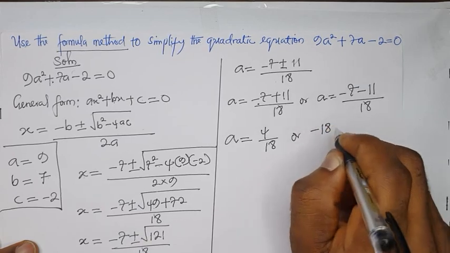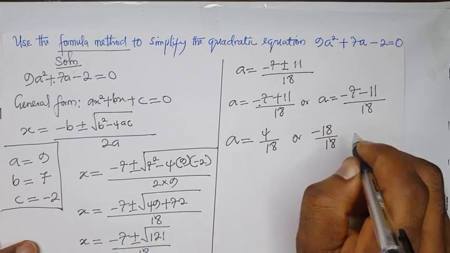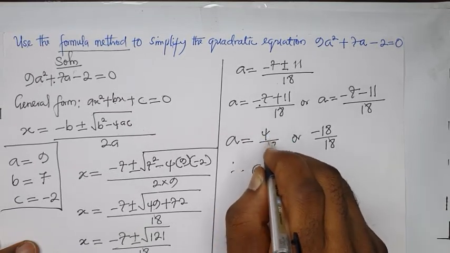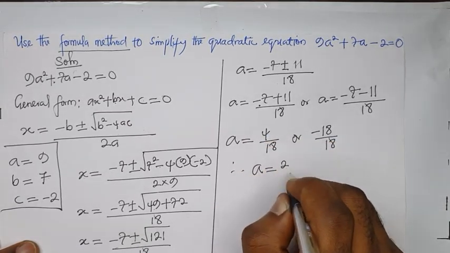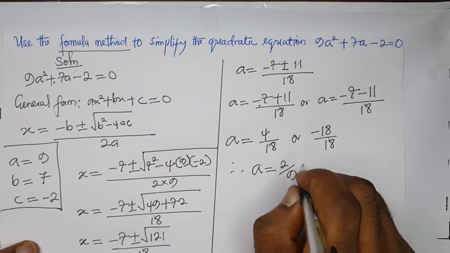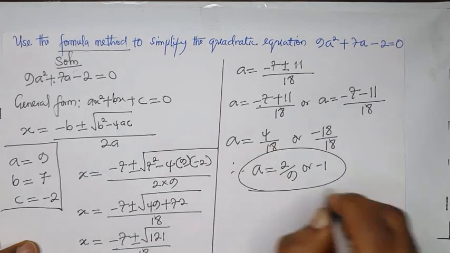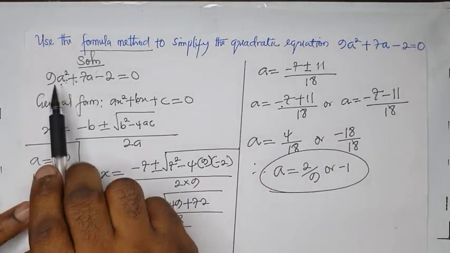So negative 18 all over 18 also. Therefore, what does it imply? It implies that a is equal to, we can reduce this by dividing by 2. So a is equal to 2 all over 9, or it is the same thing as negative 1. This becomes our answer for the unknown variable a.